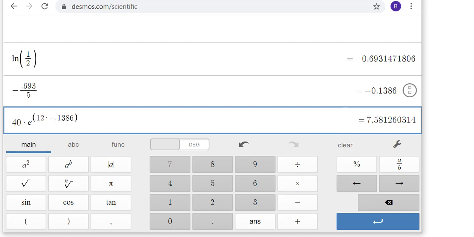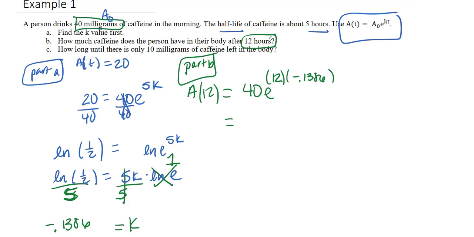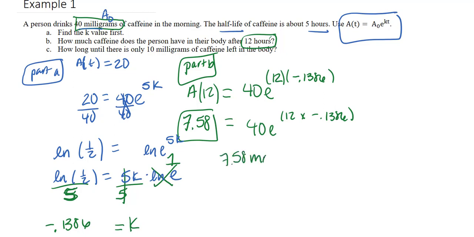There we go. And then we close the brackets and say enter. And what do we get? We get 7.58, when we multiply this all out. This is going to be in milligrams.